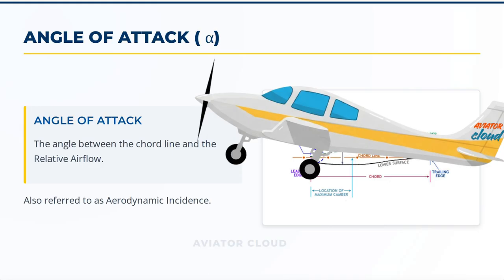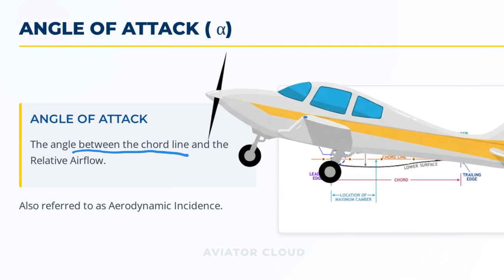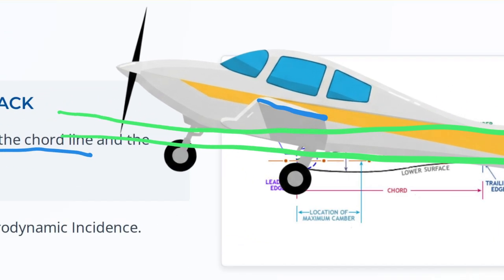What is angle of attack? Angle of attack is the angle between the chord line, the chord line of the wing, and the relative airflow. Let's say this is the relative airflow, and the chord line. This angle is the angle of attack.